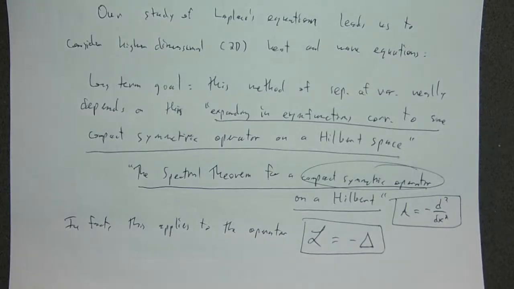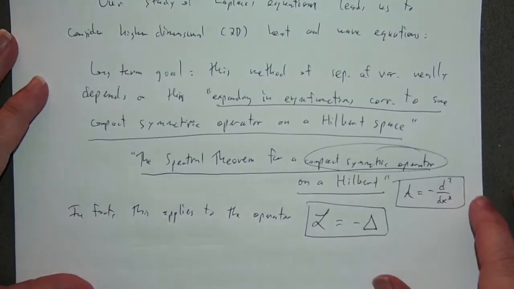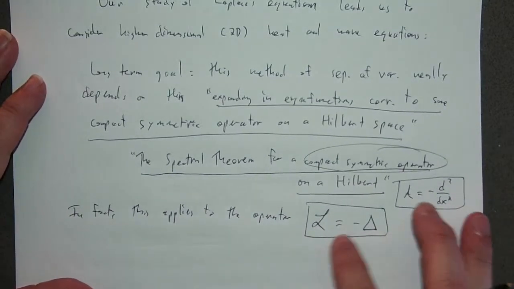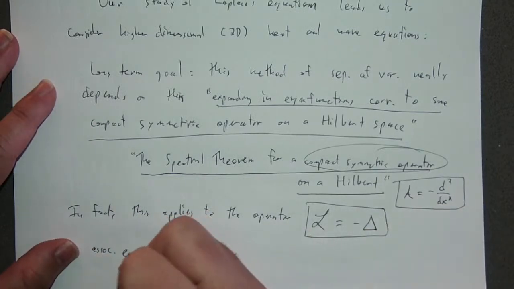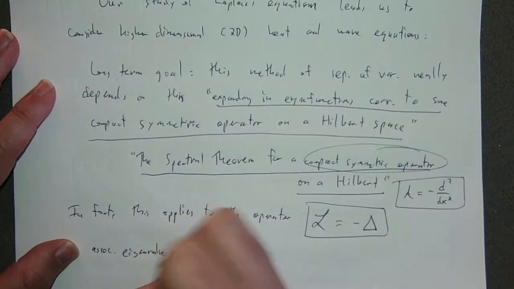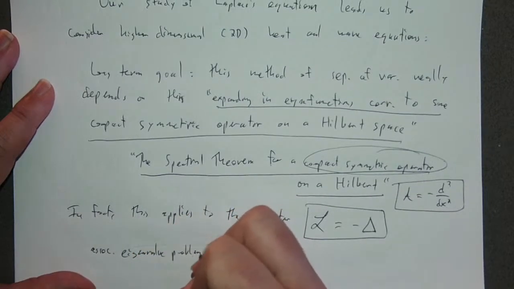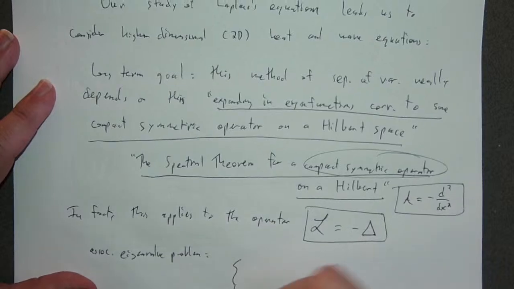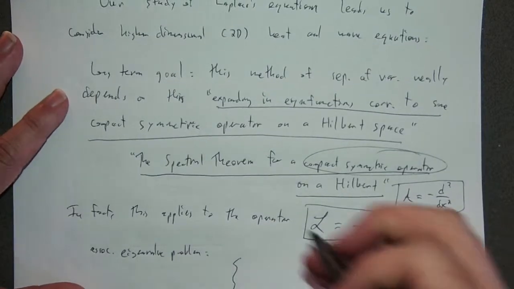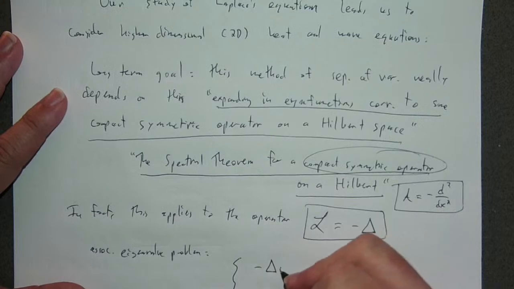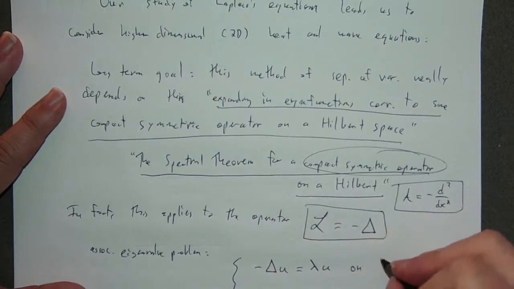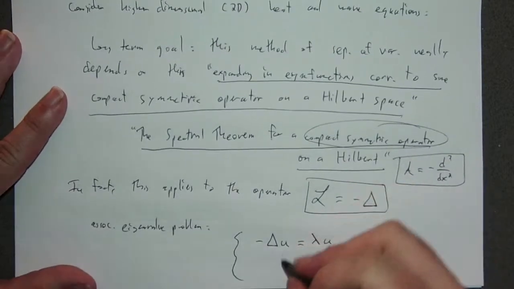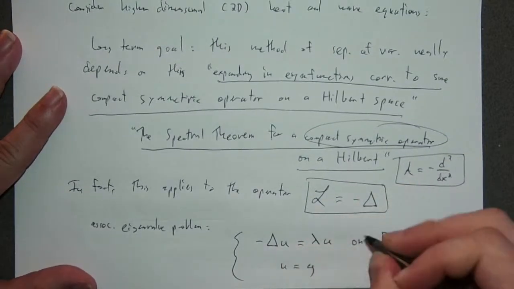What might such an associated eigenvalue problem look like? Well, maybe it looks like this. This would be the Dirichlet problem.